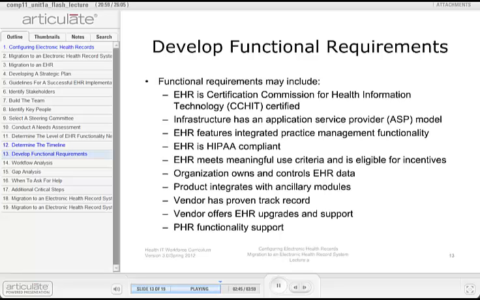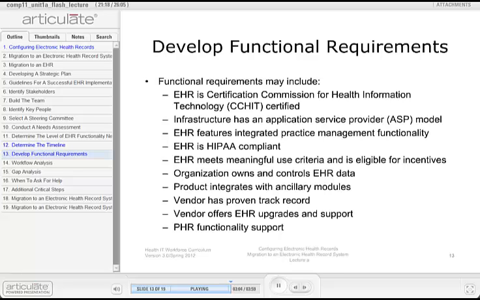Some organizations prefer to maintain a high level of control over their EHR data. Others want their EHR to integrate with ancillary modules, such as the laboratory or radiology modules, either offered by the same EHR vendor or as part of a best-of-breed selection.